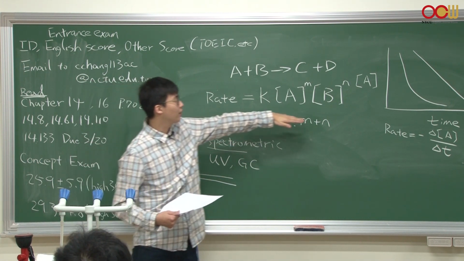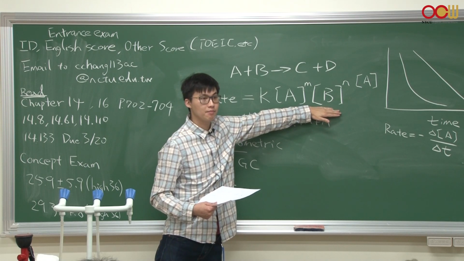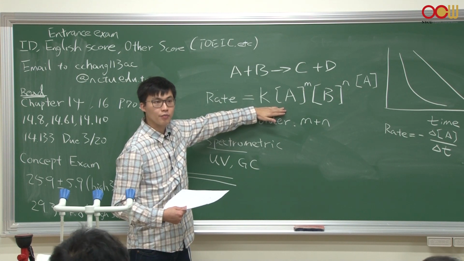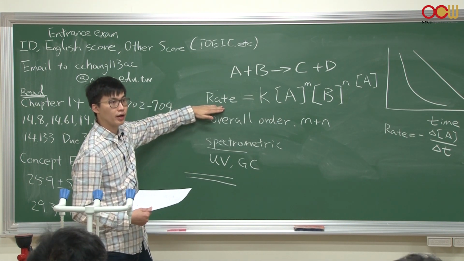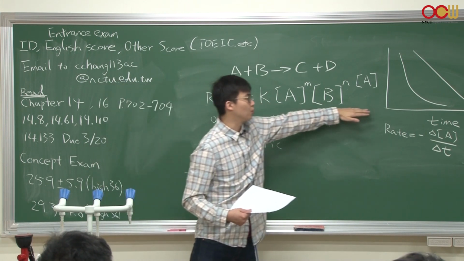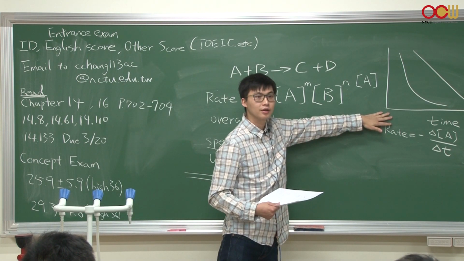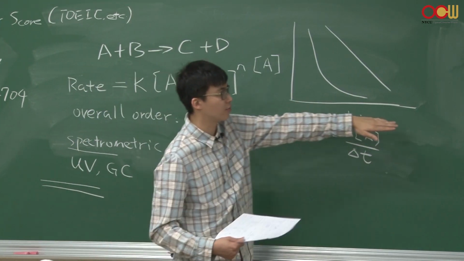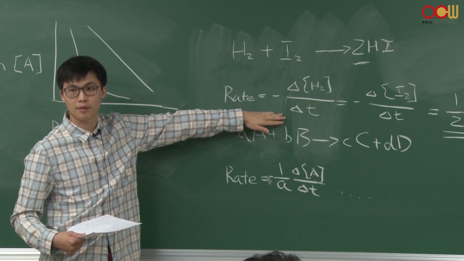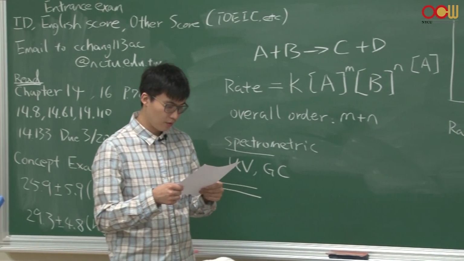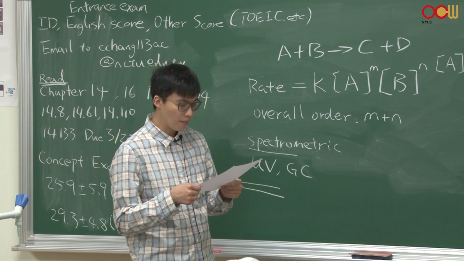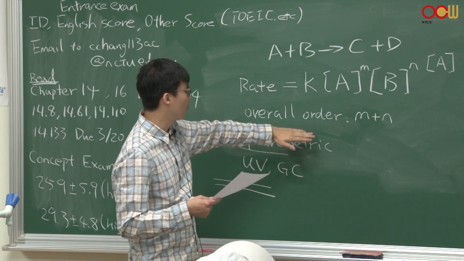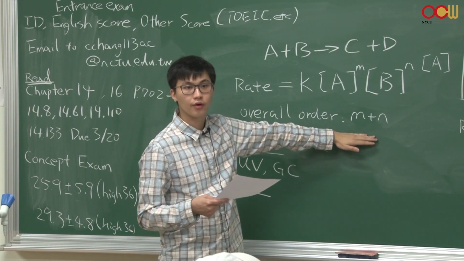We keep one parameter the same, change the other concentration, and monitor the reaction rate. So we will do some plot like this and extract the reaction rate from this plot. How do we extract the reaction rate? We do this. That should be simple enough. And you can do some simple math and solve for this n or m, and then you can get the overall reaction order by adding them together.